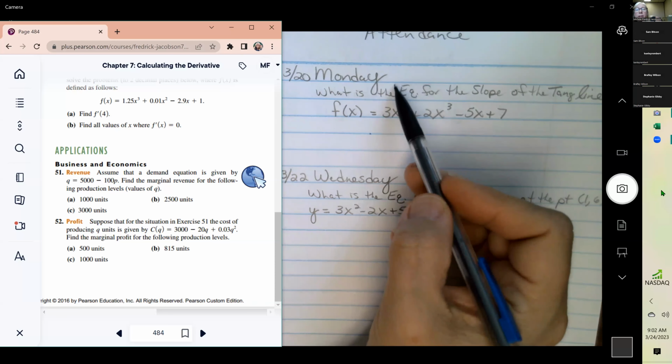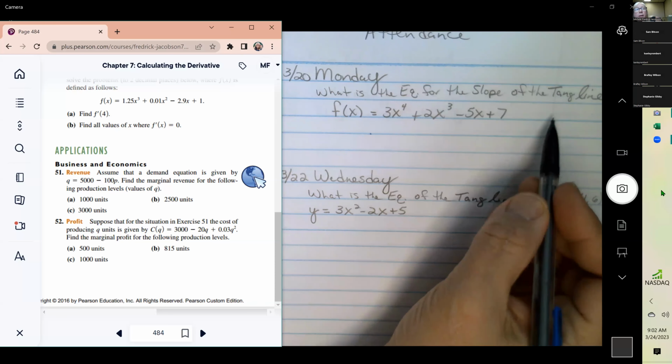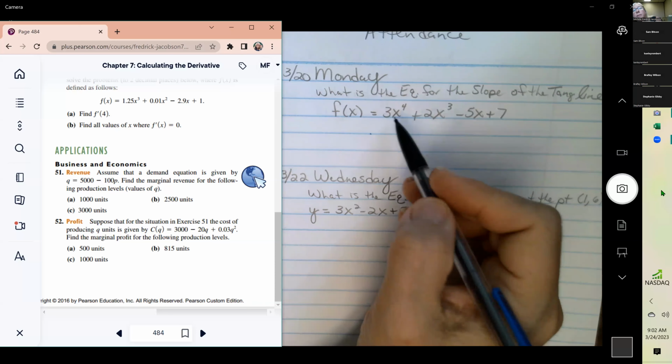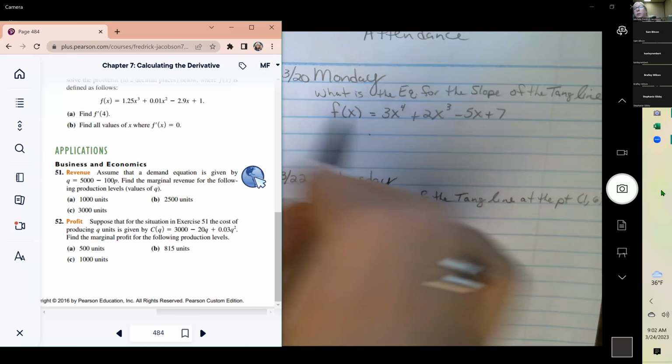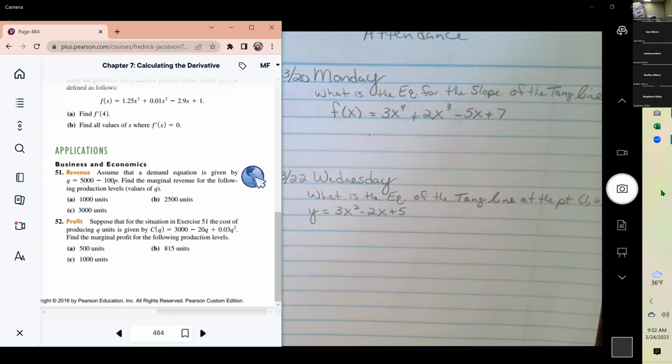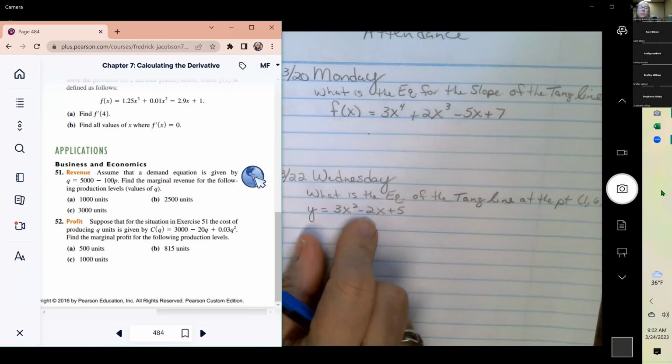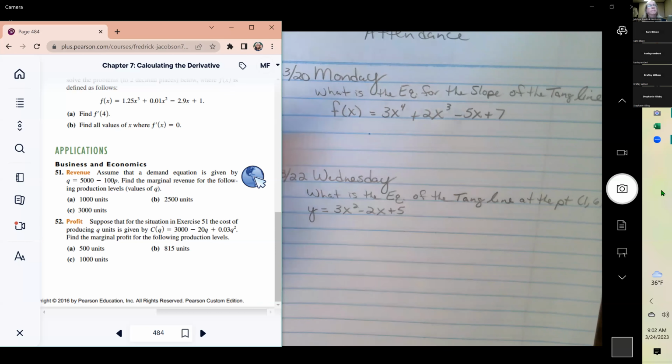And it's an equation because we don't have a number that we're putting into it. So that equation will work for any point on the line. And then when you want the actual slope, you put the X value of that point in. What we did here, this is just the derivative. Any questions?